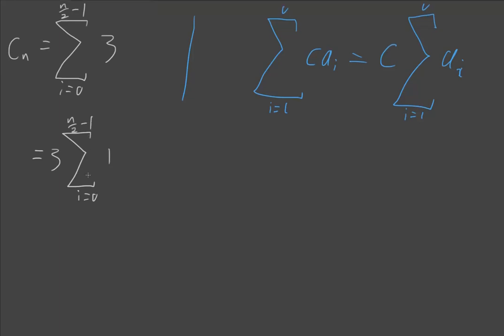Now if we remember our other formula, the sum from i equals L to U of 1 is equal to U minus L plus 1 is the long way, and usually that just came out as U because minus L when L is 1 is minus 1 plus 1, which is 0.